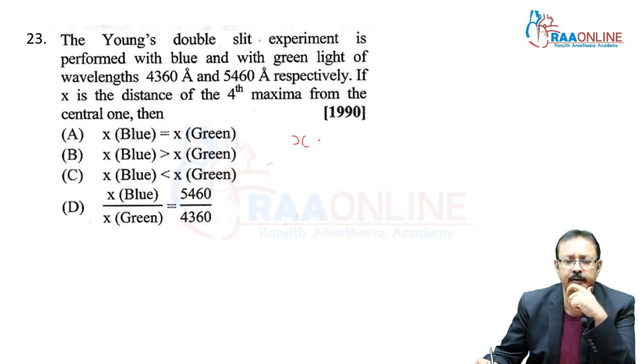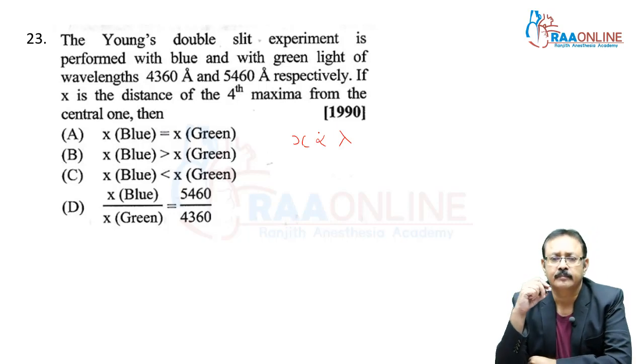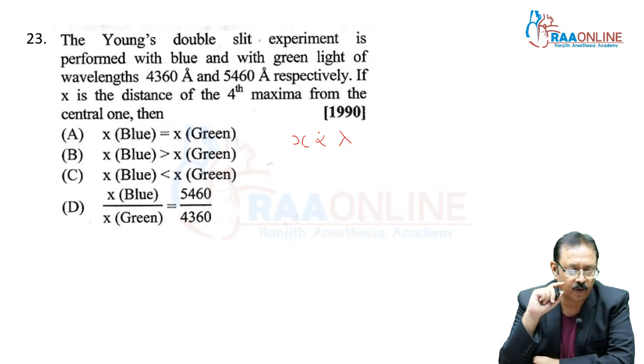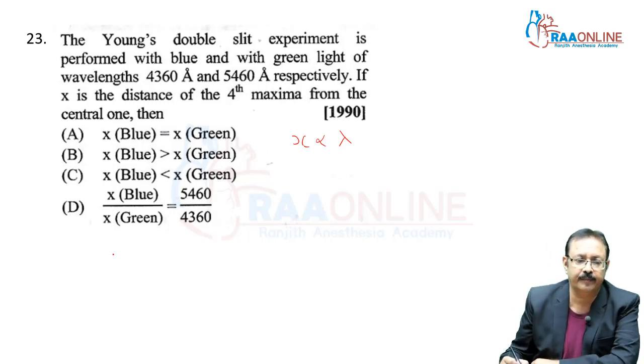Distance from the central is directly proportional to wavelength because lambda is in the numerator. So if wavelength is more, distance should be more. What is the wavelength? More wavelength is for green light. So you will get x more for green. It means we will go with option C.